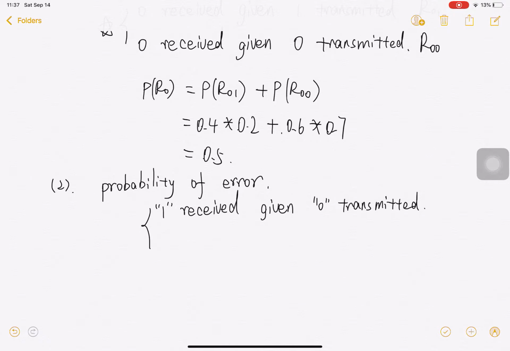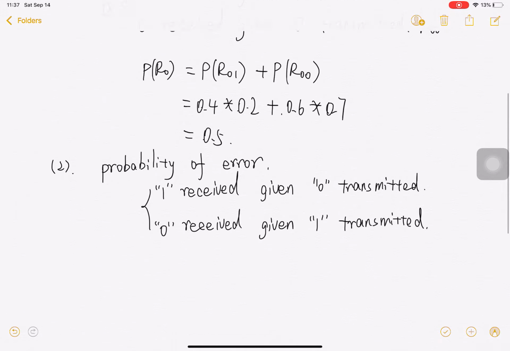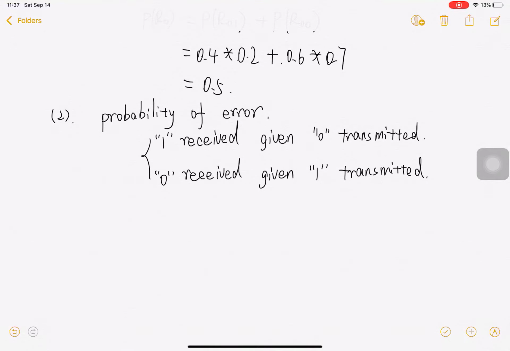And the second situation is 0 received given 1 transmitted. So this is the definition of the error, and it's easy to understand, right? Because the signal we received is not the same as the signal we transmitted.